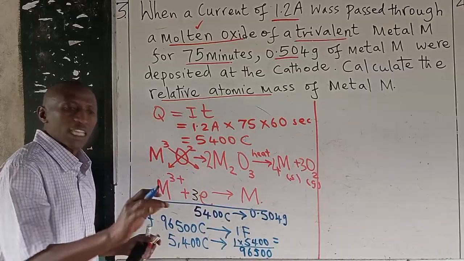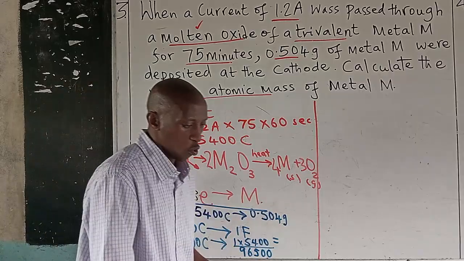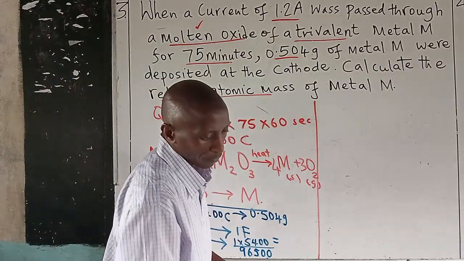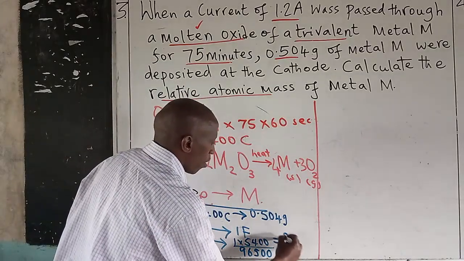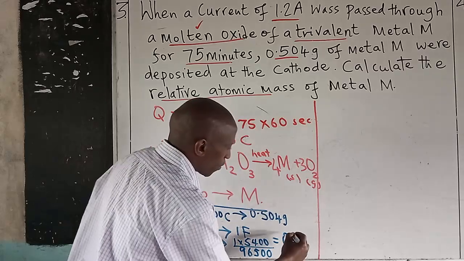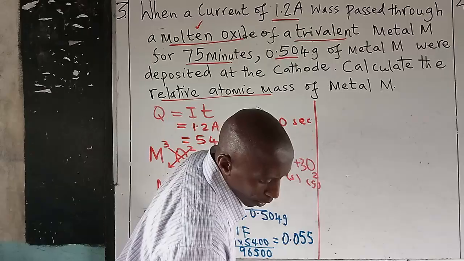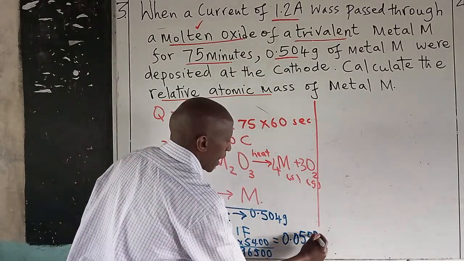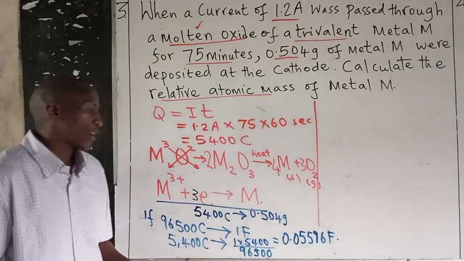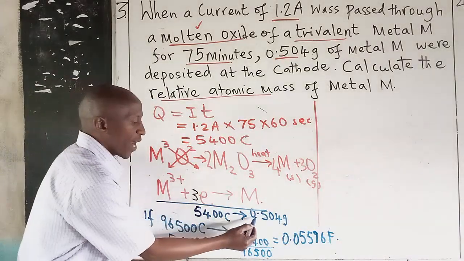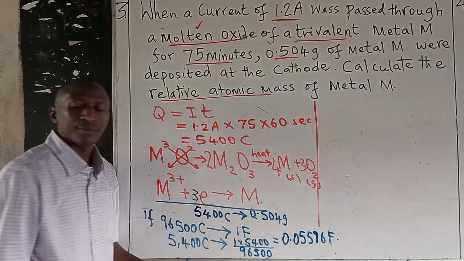So viewers, key that in on your calculator and let us see what you get. On my part, I am able to get 0.05596 Faradays. What is the meaning of that? That for us to deposit this mass, these were the Faradays required.